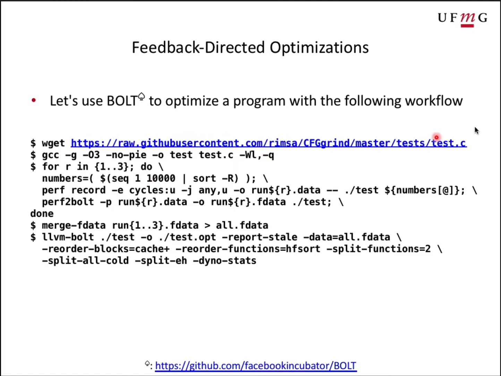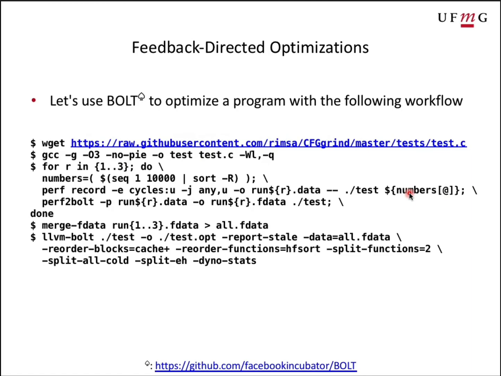This test program that I just downloaded sorts numbers that are passed in the command line. So here I generate 10,000 numbers in sequence, and then randomize them to sort them.